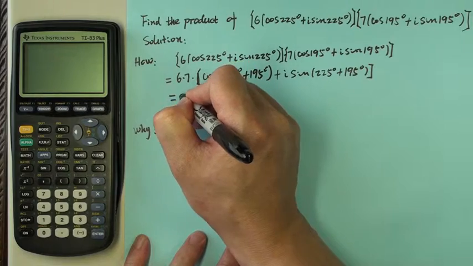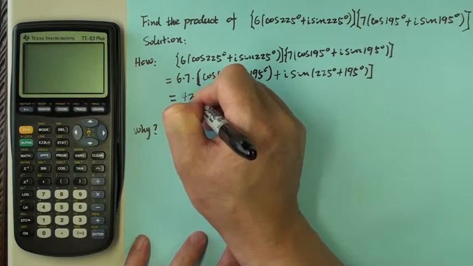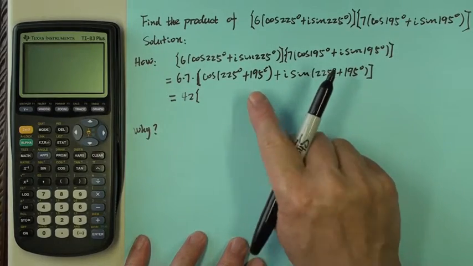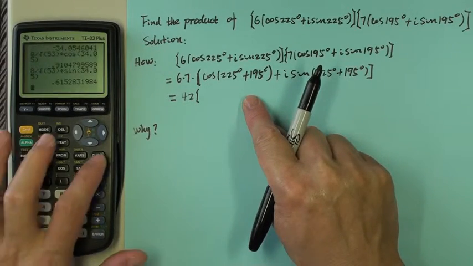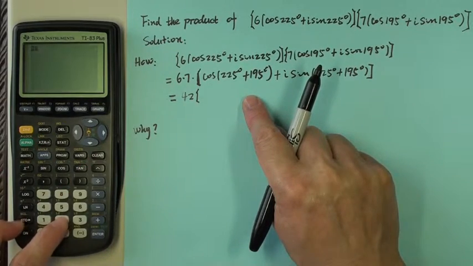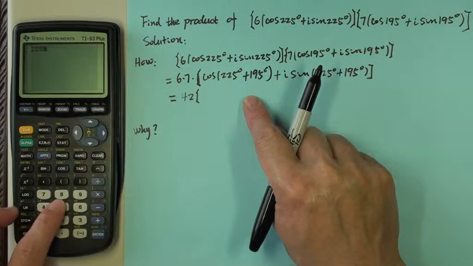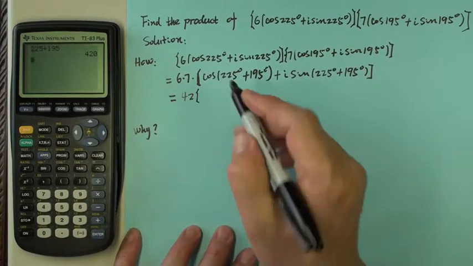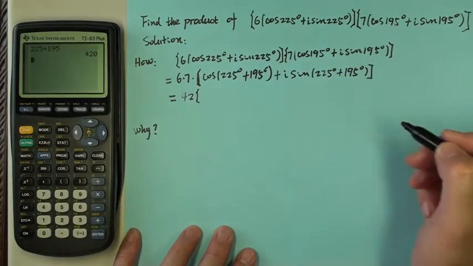6 times 7, 42. And then down here, 225 plus 195, that's 420.